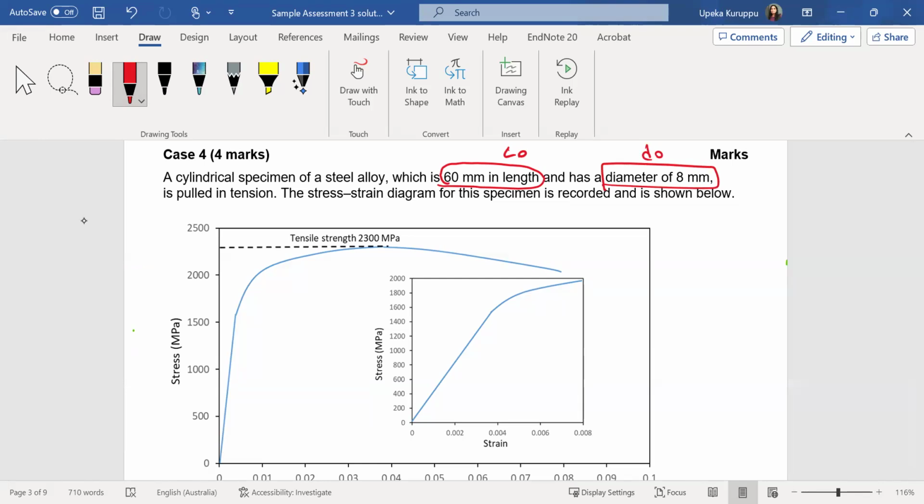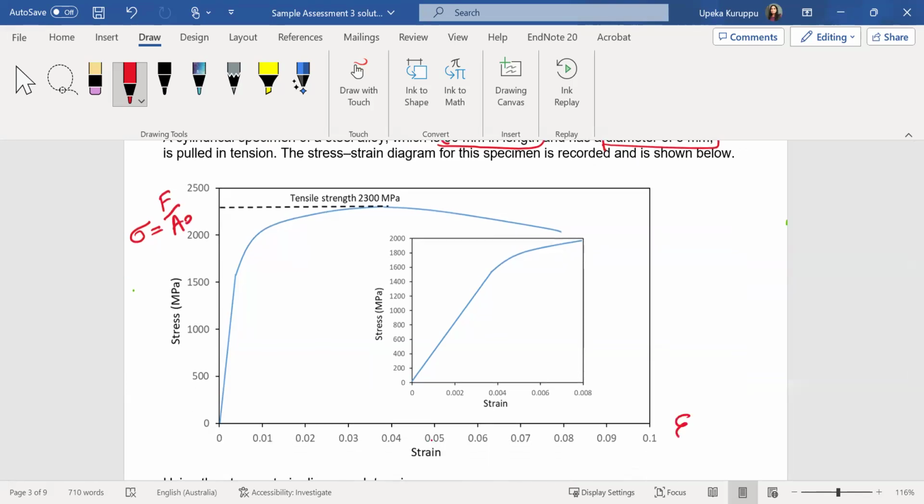So what do we mean by stress? Force divided by the initial area. Yes. So strain means what? We use this epsilon for strain. What is strain, guys?